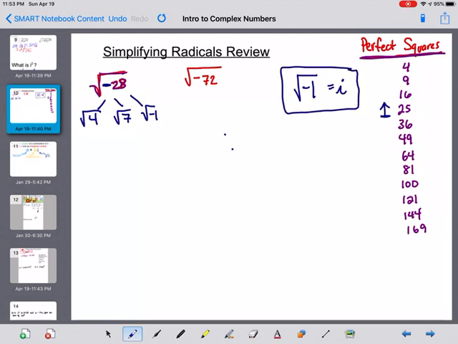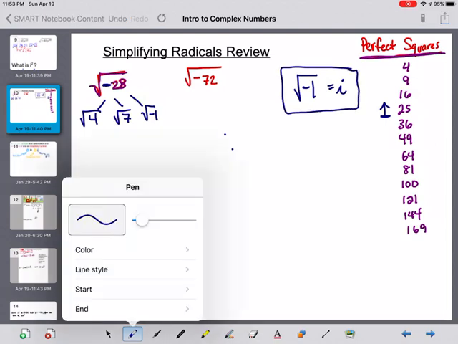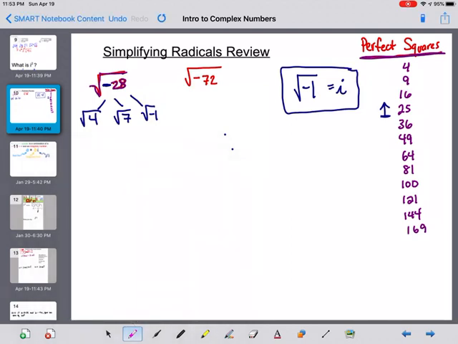That's an important thing to have in your notes, so definitely take notes on all of this. The square root of 4 is 2. I don't know the square root of 7, so that stays inside of a square root. And the square root of negative 1 is equal to i, and that's the order it goes in. So it's 2i radical 7.